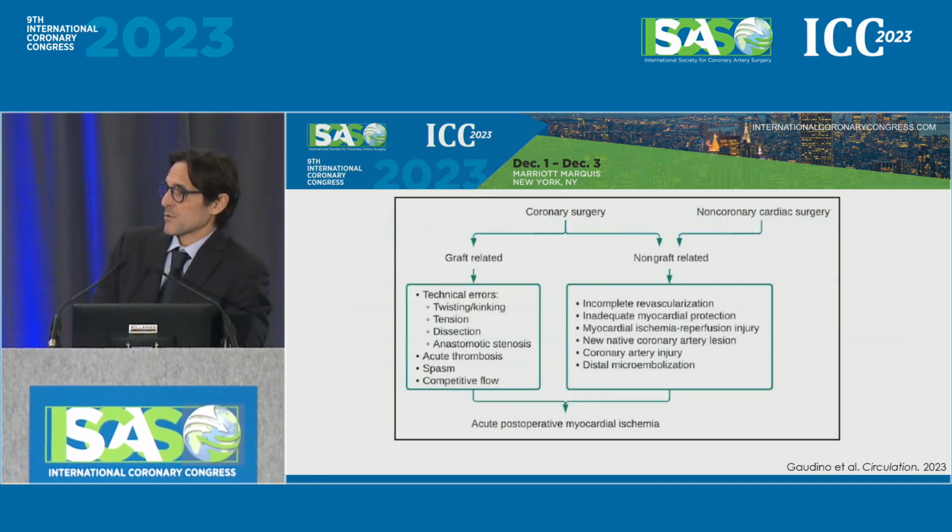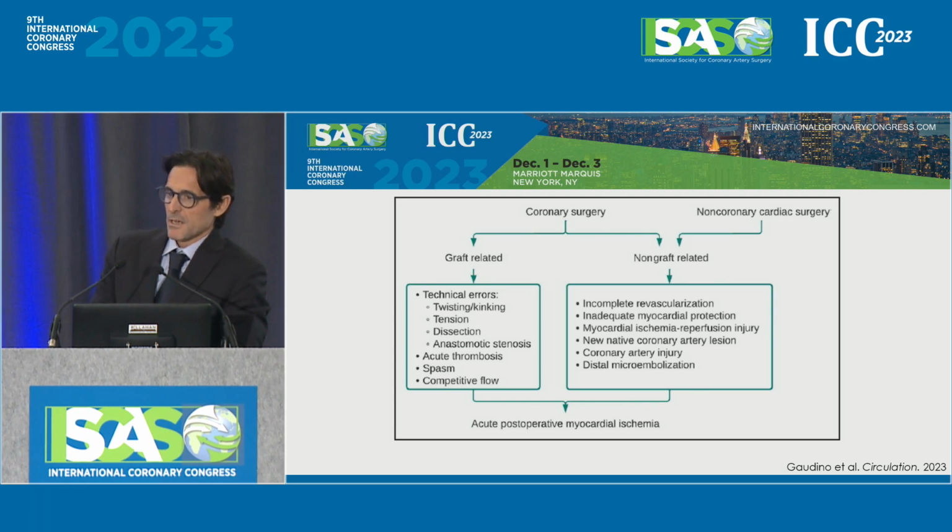The mechanisms of postoperative ischemia are traditionally divided into graft-related and non-graft-related. Approximately 2/3 of the cases of postoperative ischemia happen after coronary artery bypass surgery, but probably 30 to 35% in fact are detected in patients who undergo other types of surgery.